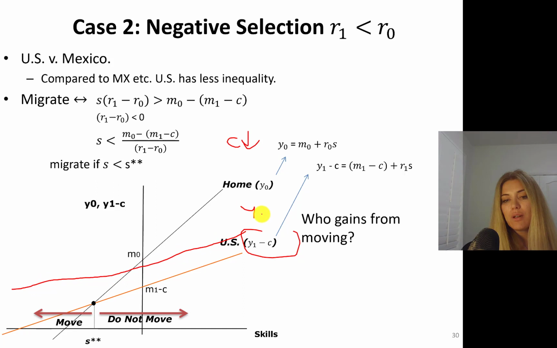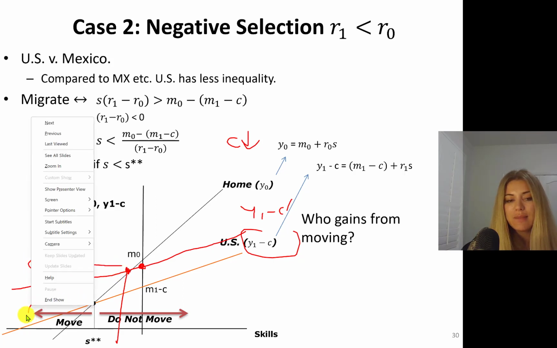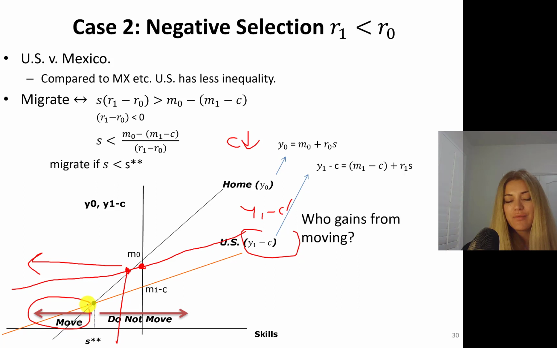This is Y1 minus, call it C prime. So M1 minus C is moving here, right? Then you will have these people moving now instead of only these people. So we always look at the intersection, right? These people move. So you have many more people moving.